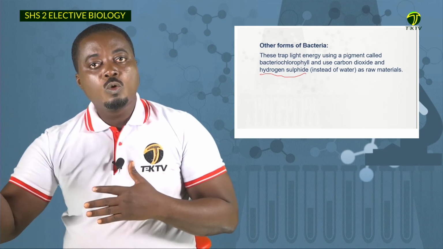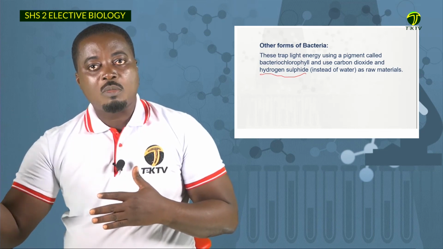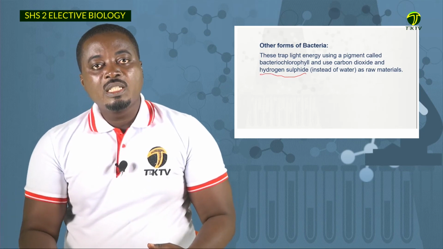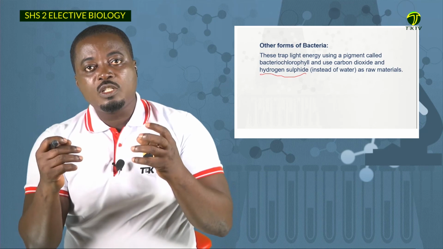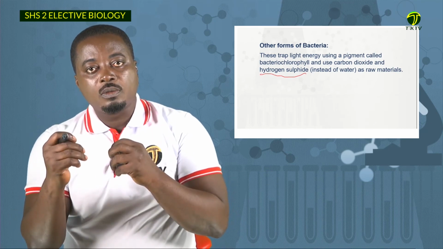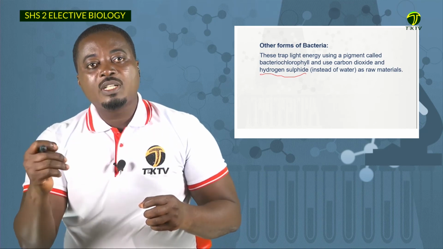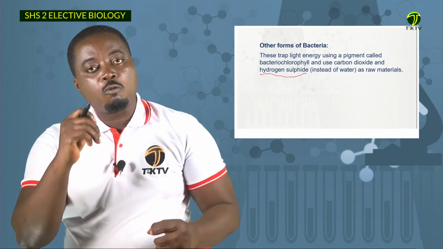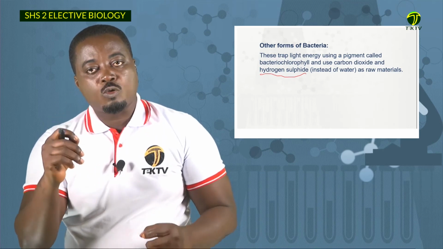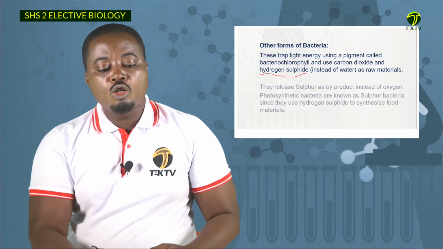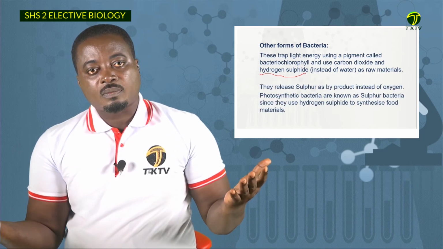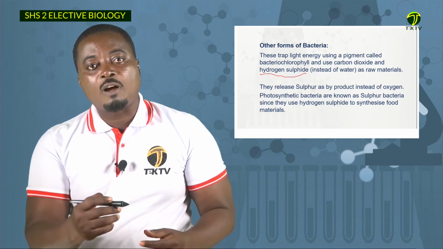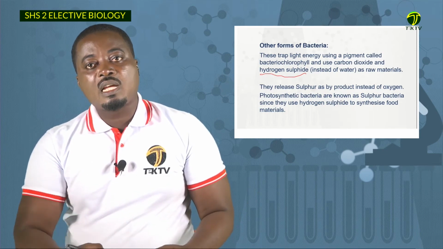Then you get glucose and oxygen as your byproduct. So in this form, they trap the sun's energy using the bacteriochlorophyll and use carbon dioxide and hydrogen sulfide instead of water as the raw materials. Therefore, they will not produce oxygen at the end of the reaction. They rather release sulfur as a byproduct instead of oxygen.